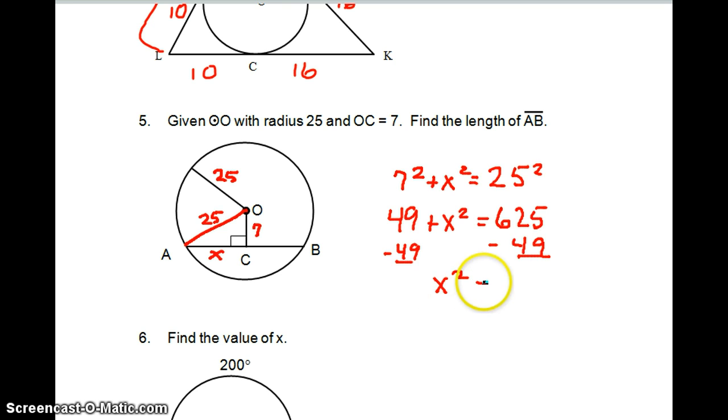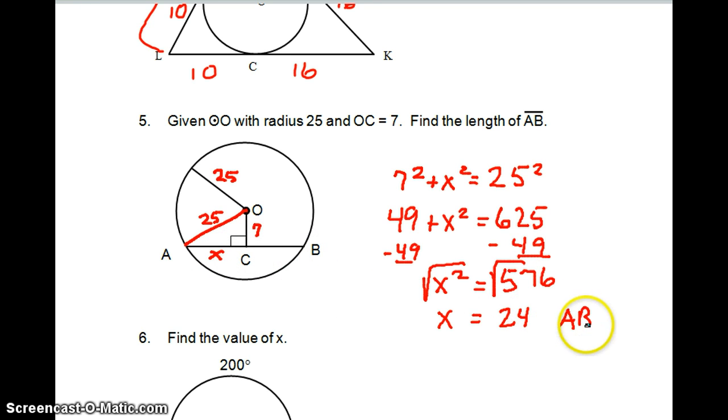X squared equals 576. Square root of that. X equals 24. And AB is twice that, so AB equals 48. And that's the answer.